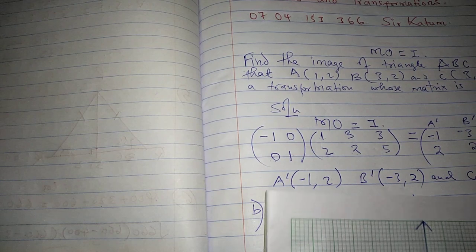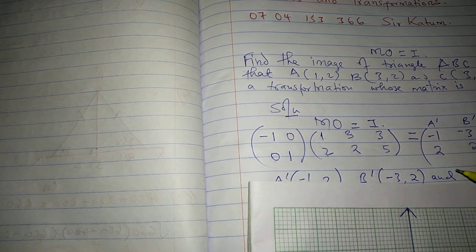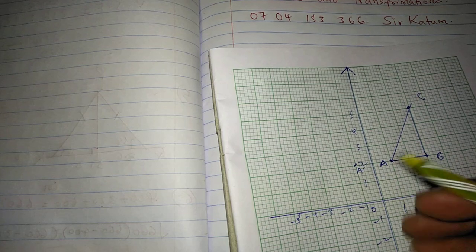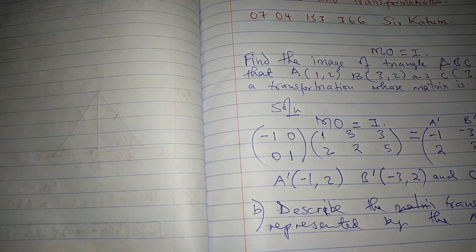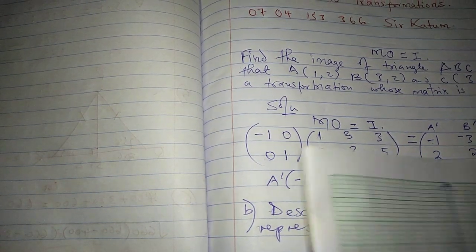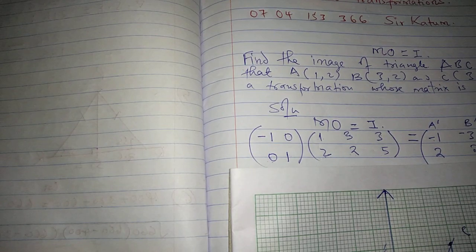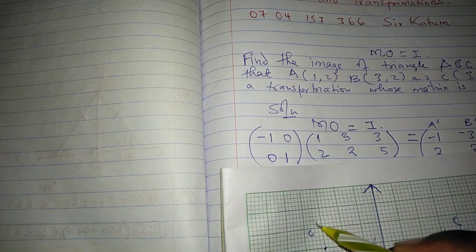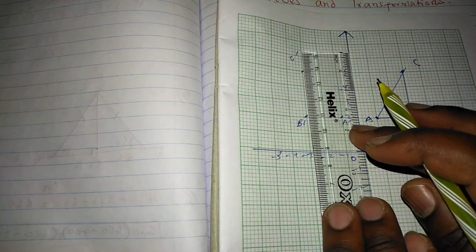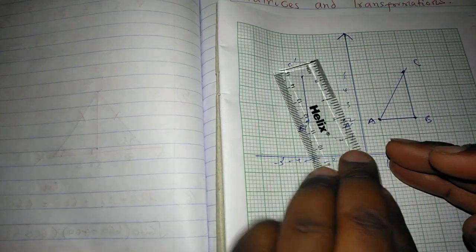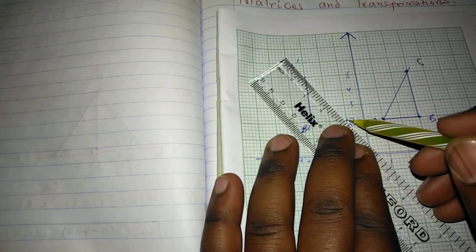Its image shall be negative 1, 2. This is our A prime. Negative 3, 2, B prime, and negative 3, 5, C prime, such that the image after that given transformation will be on this other side.